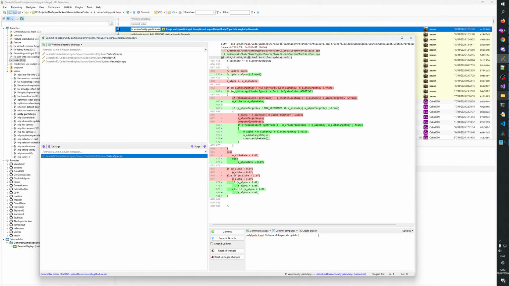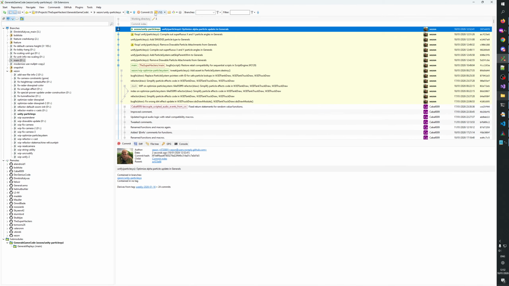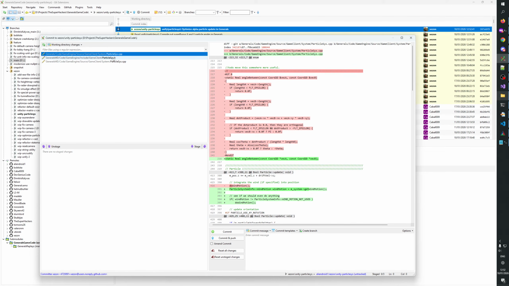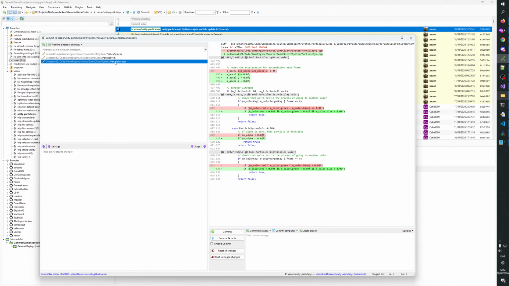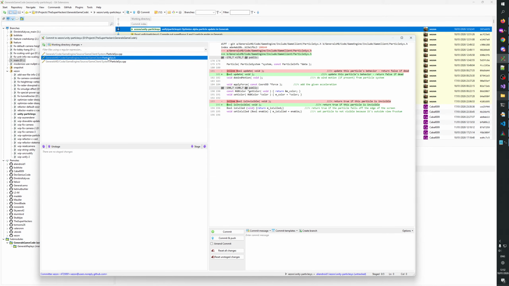Alpha particle updates in generals. Okay, and then what's next? There's not much left here, I would say.